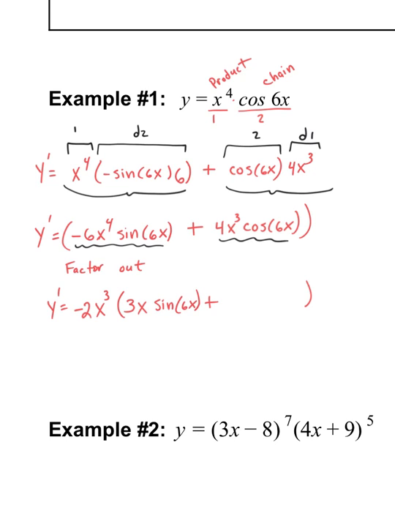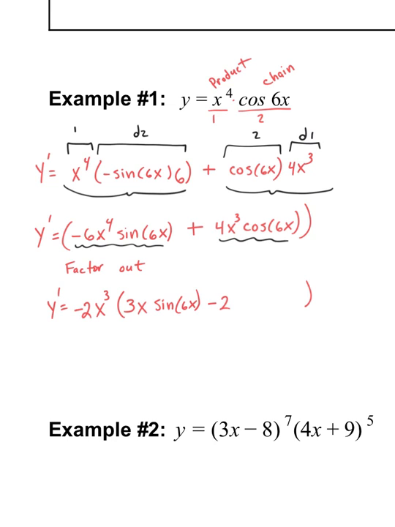Now check back. If you distribute you should get back to this term. Now to get this term here, you simply divide the second term by the common factors. So 4 divided by negative 2 is going to give us a negative 2.